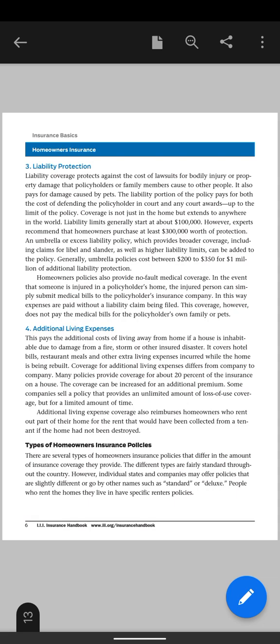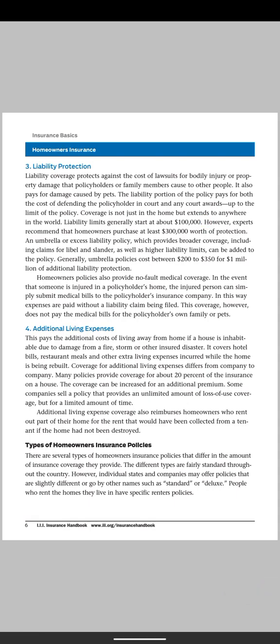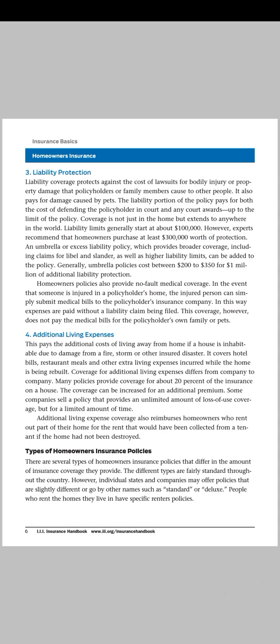It covers hotel bills, restaurant meals, and other extra living expenses incurred while the home is being rebuilt. Coverage for additional living expenses differs from company to company. Many policies provide coverage for about 20% of the insurance on a house. This coverage can be increased for an additional premium.